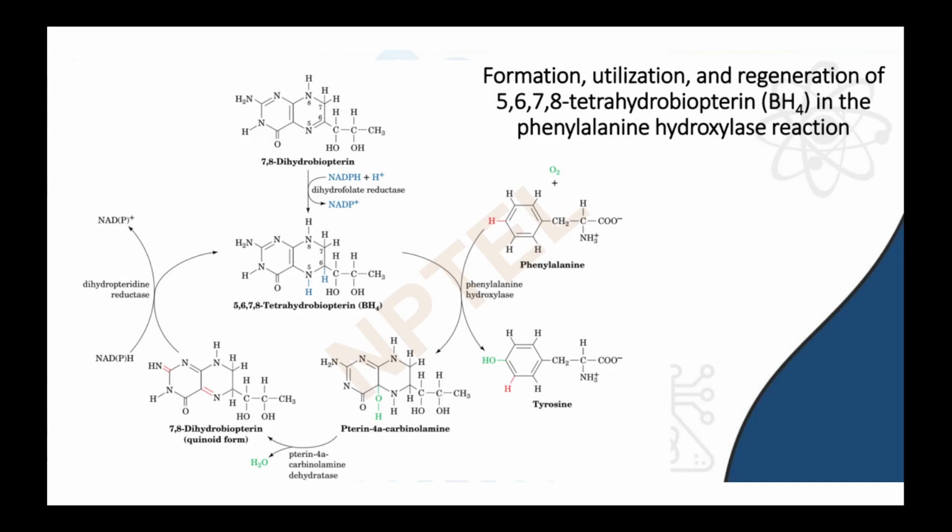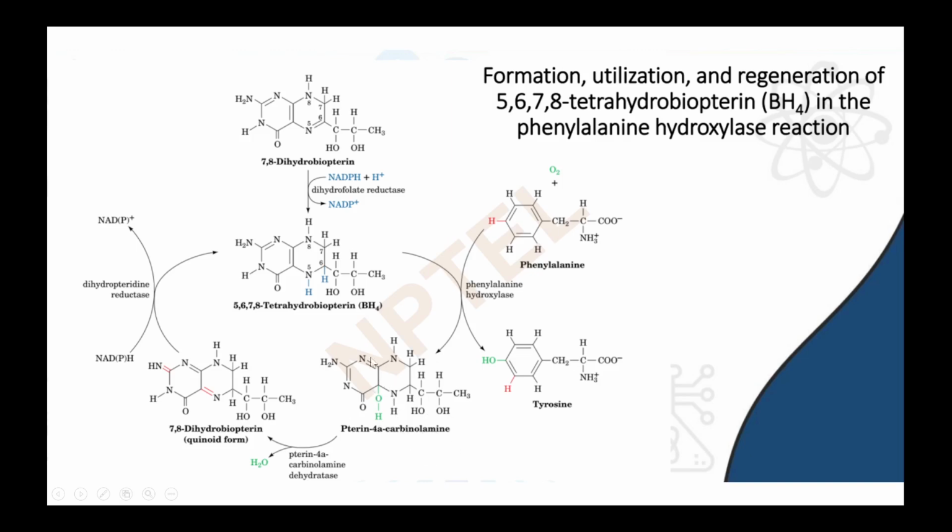Tetrahydrobiopterin is oxidized into the dihydrobiopterin form, and when this oxidation reaction is occurring, simultaneously phenylalanine hydroxylase is hydroxylating the phenylalanine into tyrosine. This conversion of tetrahydrobiopterin into dihydrobiopterin goes through an intermediate, that is pterin 4A carbinolamine.